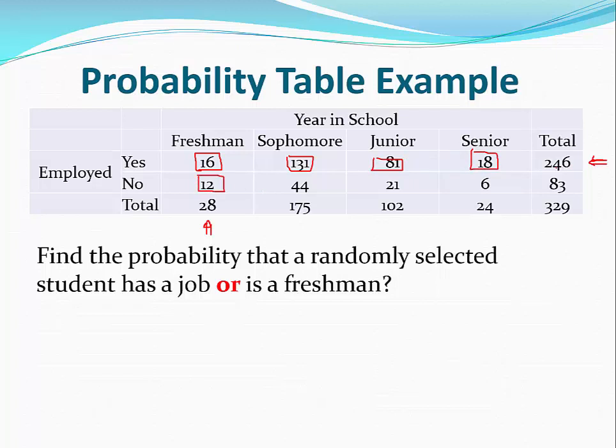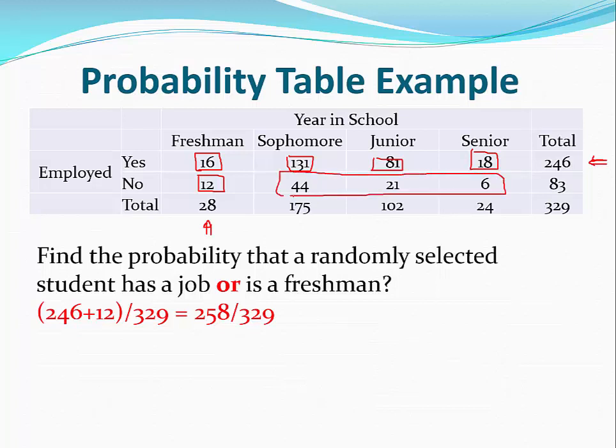And so it's either 246 and 12, or you could do 28 and 131 and 81 and 18, or you could do 246 and 28 minus the 16 you added in twice, but somehow you got to get to 258 out of 329. You could say it's all 329 and then take these guys out. A couple different ways of getting there.